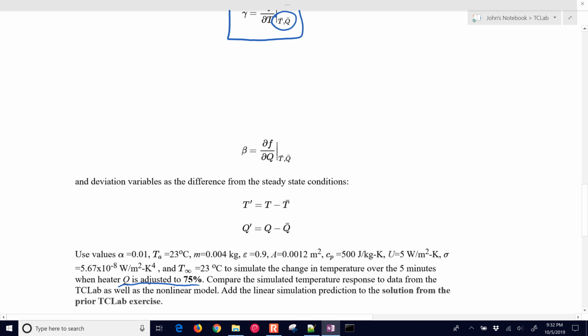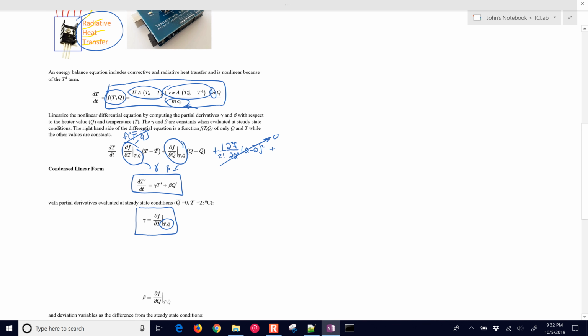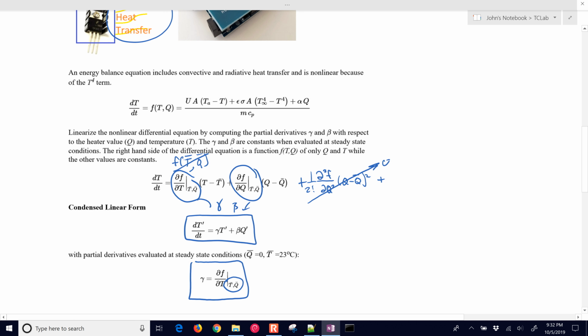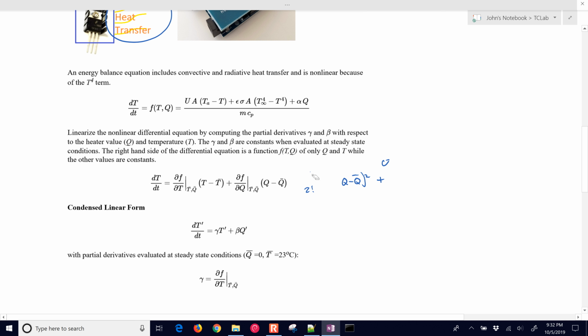So let's go ahead and just do the linearization of this formula that's here on the right. We're going to start with this, and then we'll add it to the code, and then we'll run it. So here is, let me go ahead and just erase some of this. And we'll start with a clean one, and so I'm going to take the derivative here with respect to temperature.